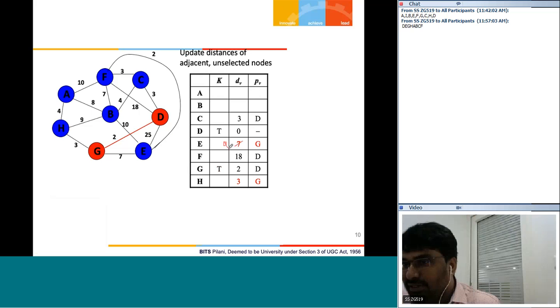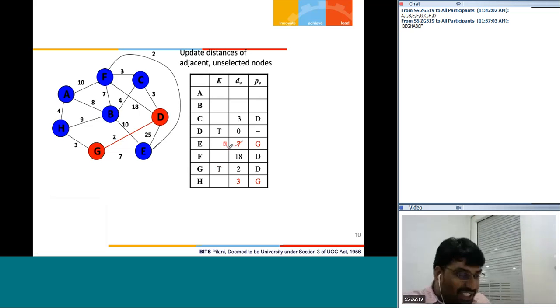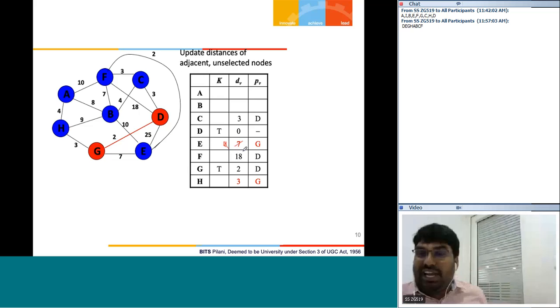But the problem is, if I do that, then it becomes the cost of the path. To reach E, I'm saying this is the only smallest route. But who am I to say? The algorithm has to come. That's why instead of defining the total, I'm saying there is an edge which has weight 7. I'm just writing that from G there exists an edge with weight 7.